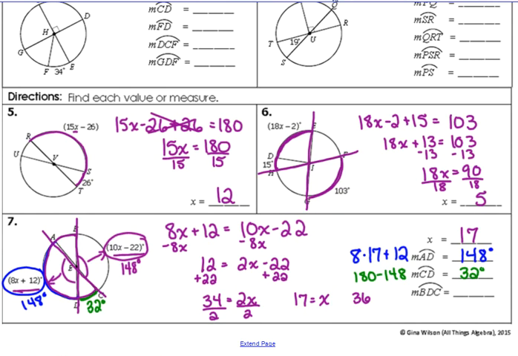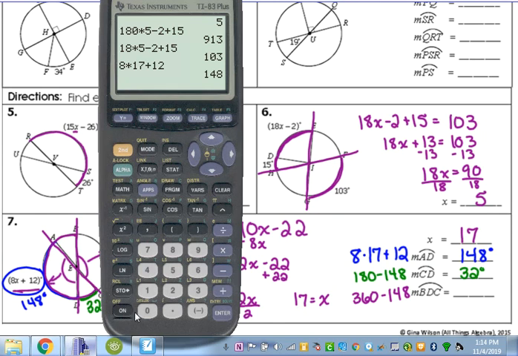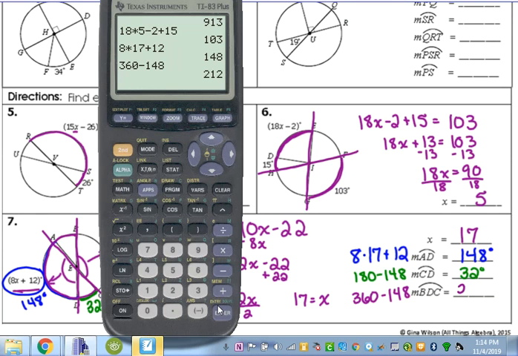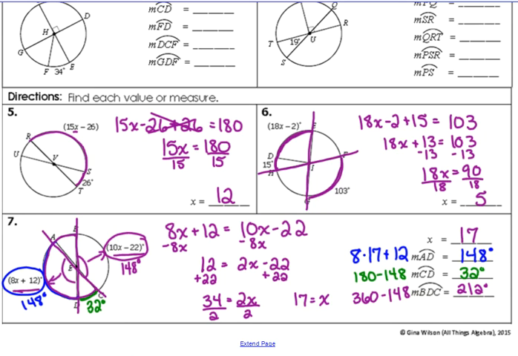So 360 minus the 148 is going to give us BDC, 212. You could have also added up 32, 148, and 32. That should also equal 212.